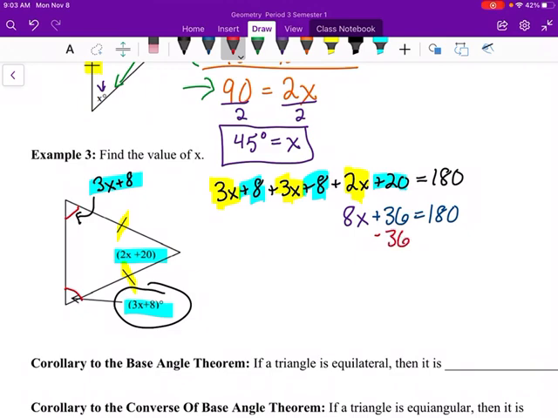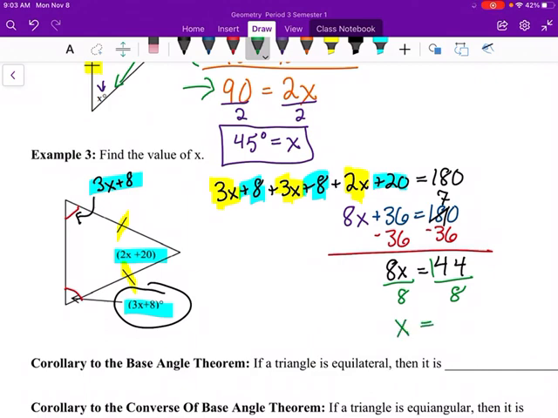Then to solve, subtract 36 from both sides. And we get 8x equals 144. Then we divide by 8. Let's do 144 divided by 8.